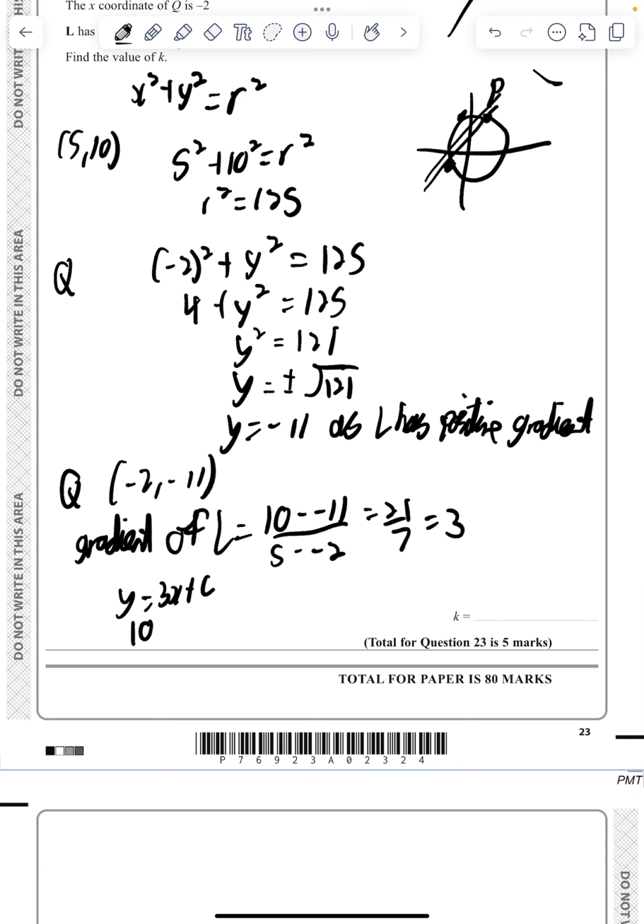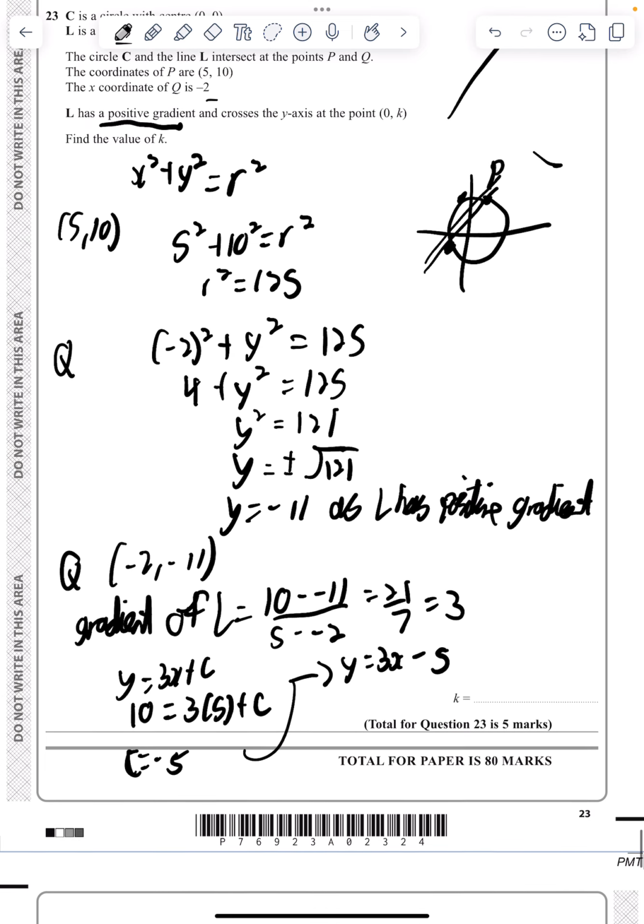So 10 equals 3 times 5. So that's 15. C equals minus 5. Of course the y-axis is 0, k. Y-intercept is minus 5, so k is minus 5.